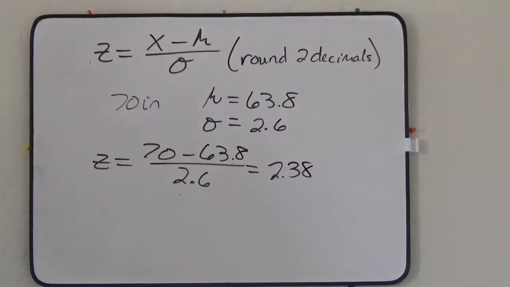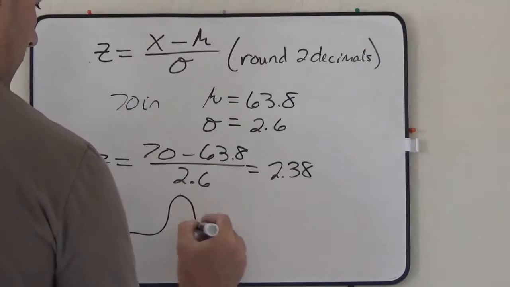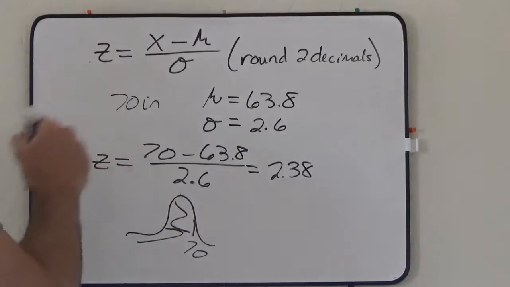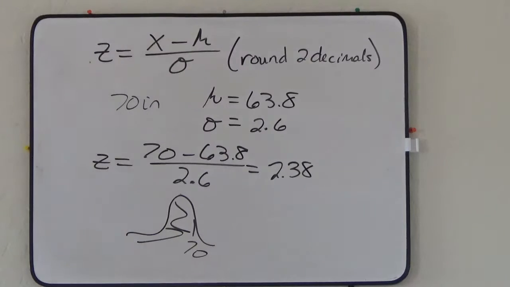Okay, now guys, that's everything to the left of 70. In other words, on our bell curve, if 70 were right here, it would be this over here. We need to know what women are that tall or taller. And so that doesn't tell us our answer, but let's find its probability still, because that's what we need.